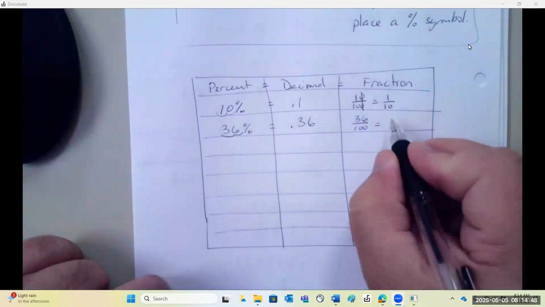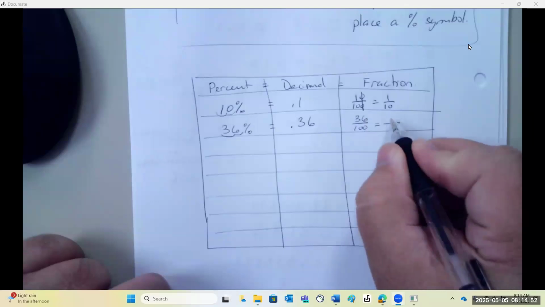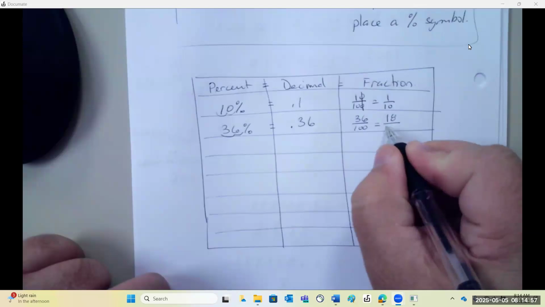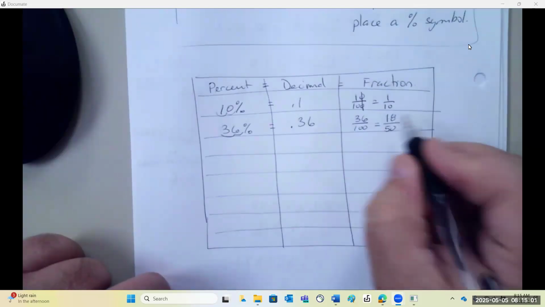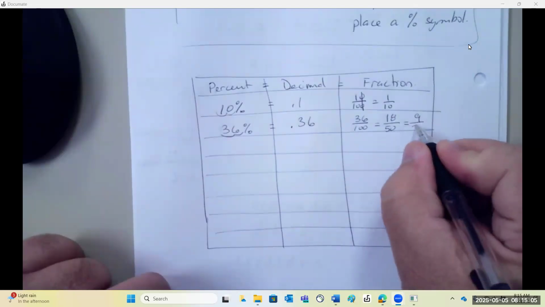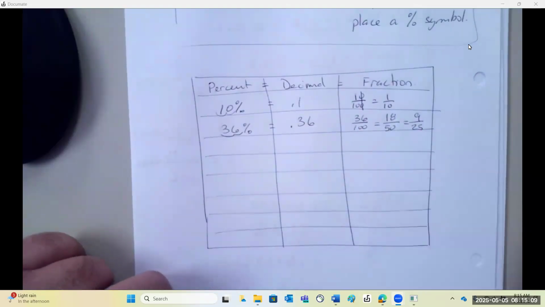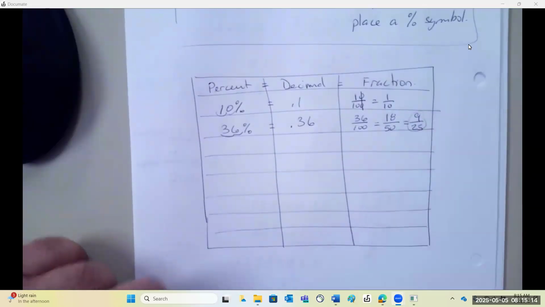Now simplify it. 2 goes into 36 how many times? 18 times. 2 goes into 100. There's still even numbers. 2 goes into 18. 2 goes into 50. They're both made up of prime numbers, so they don't cancel. 3 times 3, 5 times 5. So it's 9/25.